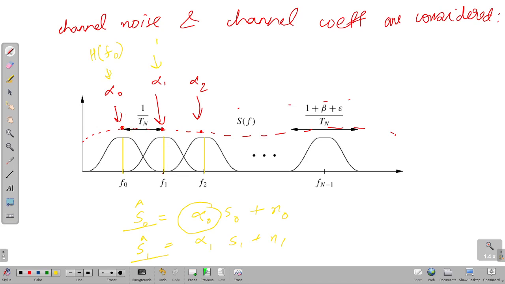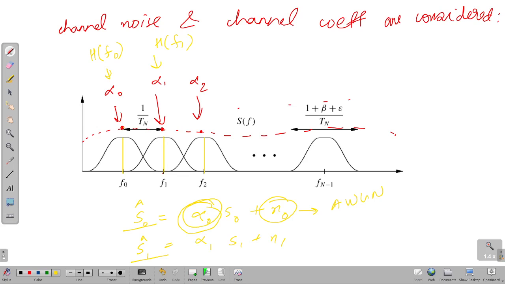This is the frequency response value at f1, etc. So this is the effect of channel coefficient. This is the effect of channel noise. So noise simply gets added, and it is additive white Gaussian noise, AWGN, and the noise value simply gets added to the symbol.